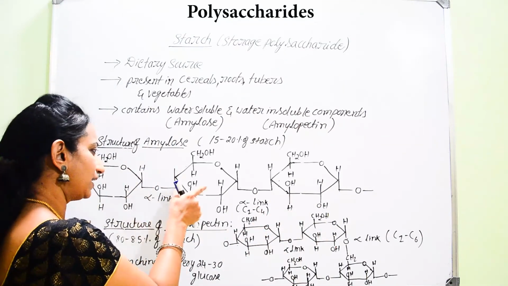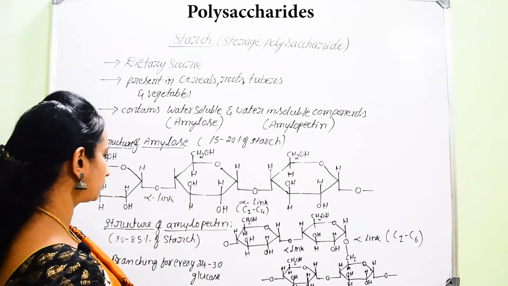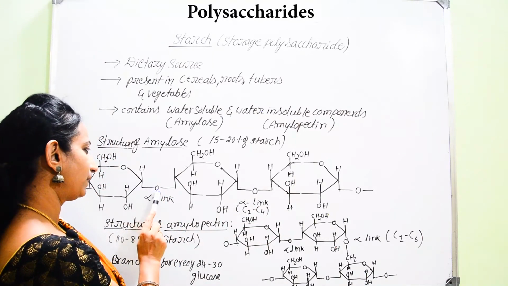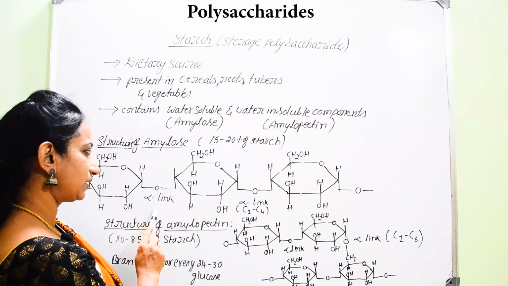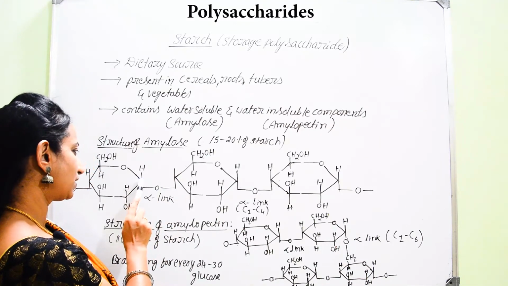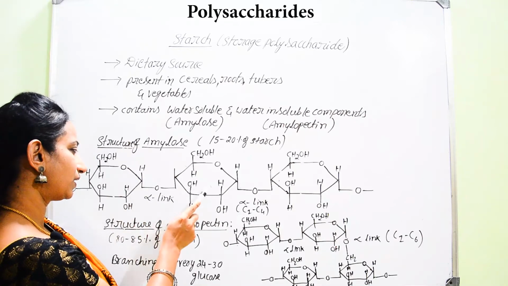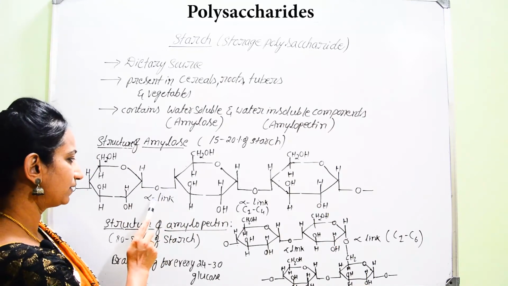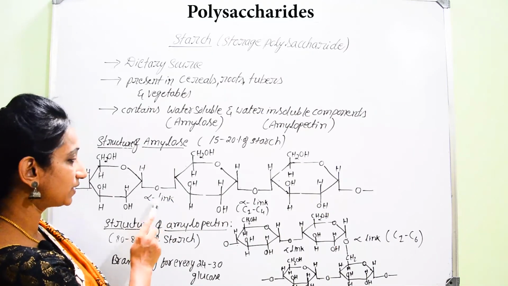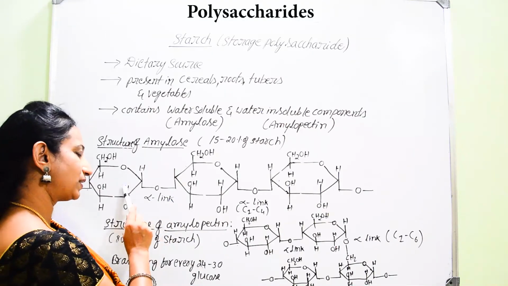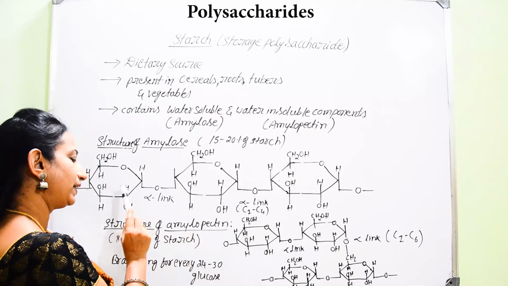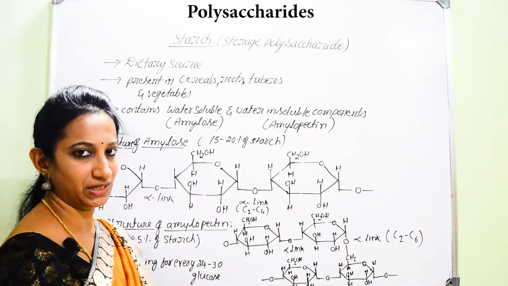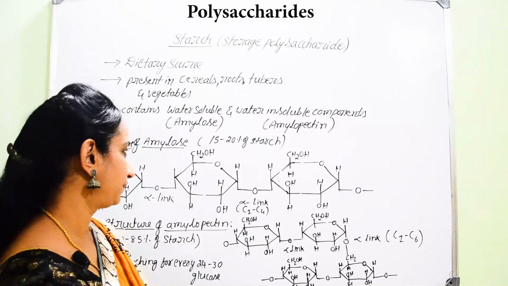The adjacent alpha D glucose units are linked through an oxygen atom. What type of linkage is it actually? For one structure the C1 carbon atom and for another structure the C4 carbon atom along with the hydroxyl group are involved in the glycosidic linkage. That glycosidic linkage is formed between n number of glucose units, so it gives a very lengthy chain of the polymer.